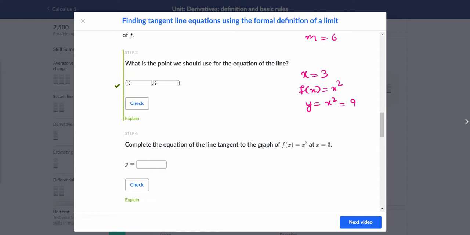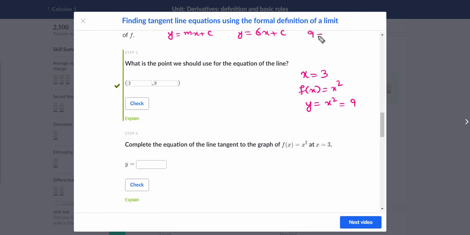Okay, now the next thing is to work out the y-intercept. So in order to work out the y-intercept, I will write my equation y equals mx plus c. In place of m, I will insert the gradient, so it will become y equals 6x plus c. Now in this point 3 and 9, I'll put x equals 3 and y is equal to 9.